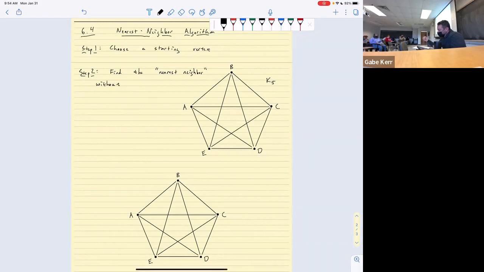When we repeat it, we have to be careful without forming a circuit. And step 3 is to repeat until we're done.